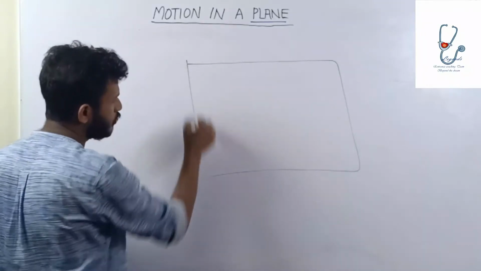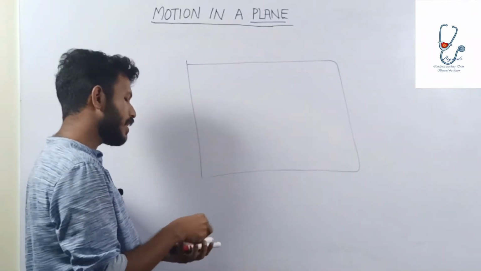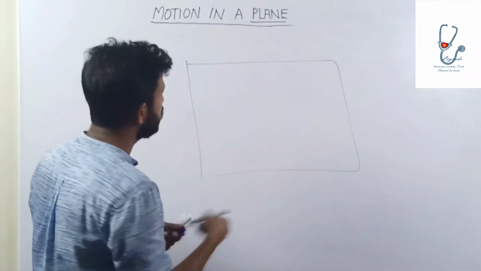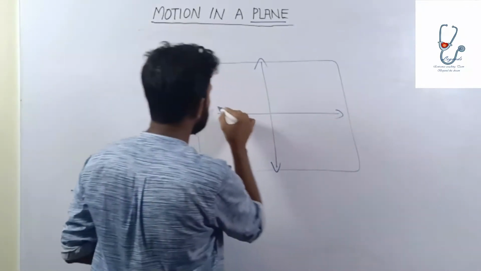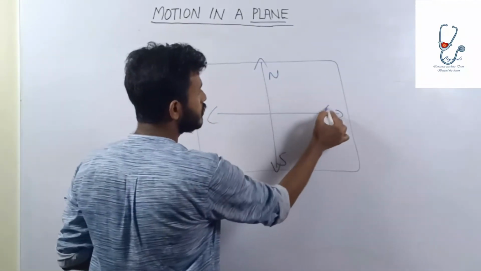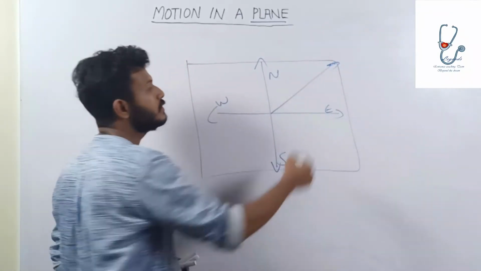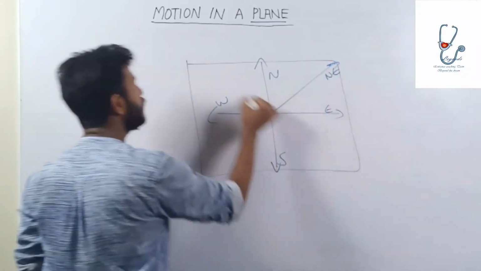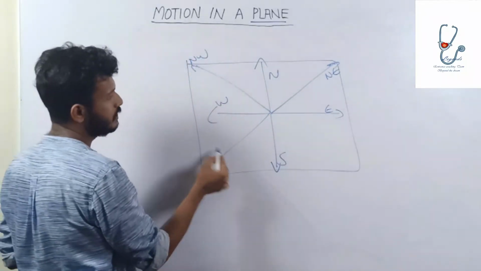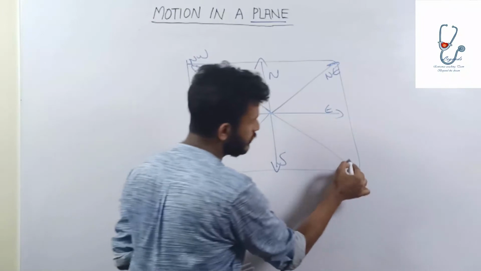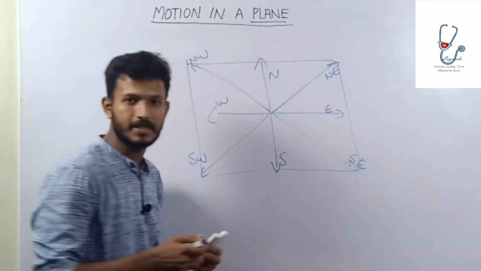So we have discussed north, east, south, west. There are some other directions. Which are they? North, south, east, west. What is this direction? This is northeast, this is northwest, this is southwest, and this is southeast.